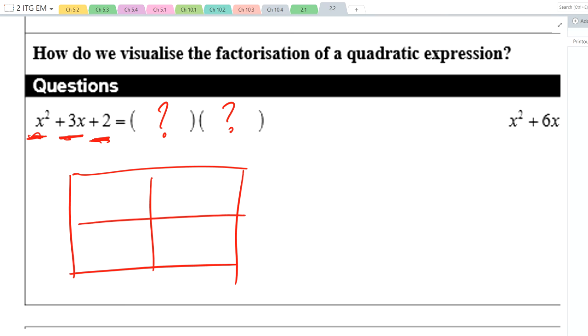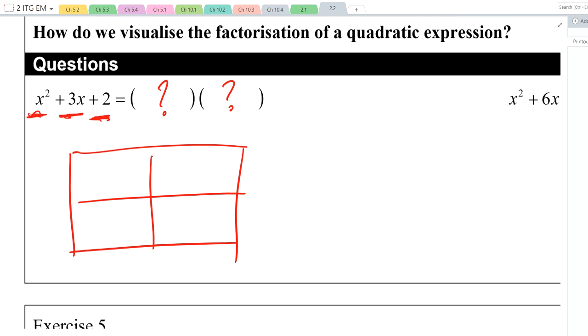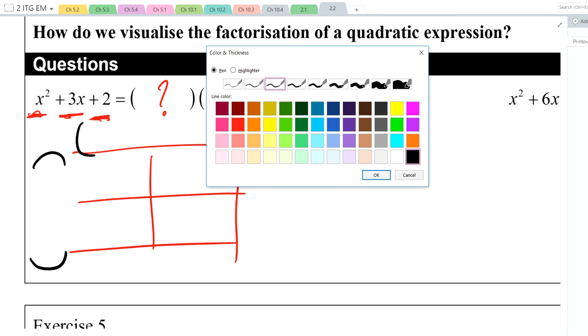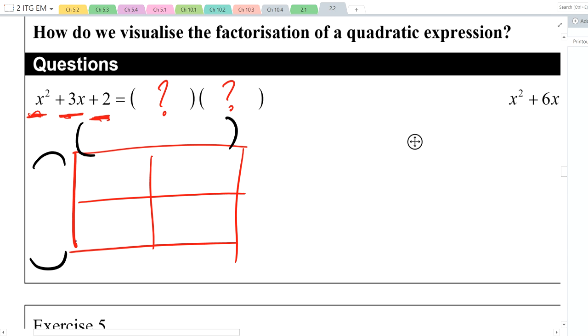So back to this question. Something times something, something over here plus something over here multiplied by something over here plus something over here. When we multiply them together, we will get x squared plus 3x plus 2. Okay? So now, I want you to follow very carefully. I want you to write down x squared over here.